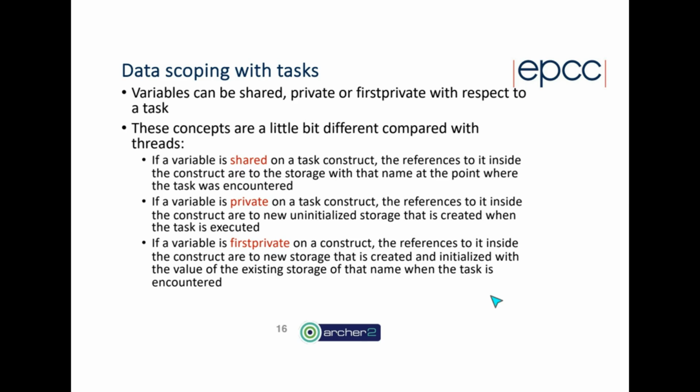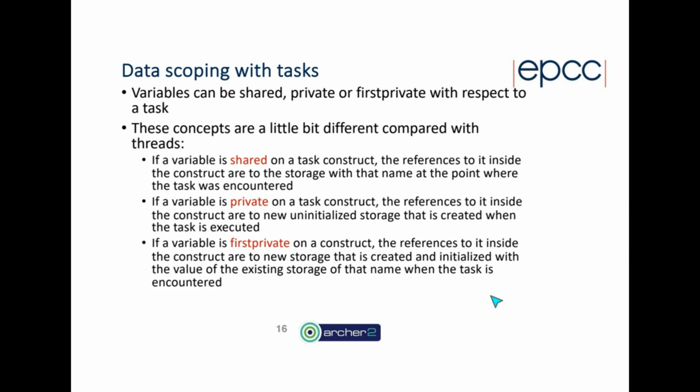But the way to think about it is like this. If a variable is shared on a task construct, then the references to it inside the construct are to whatever storage there was with that name at the point where the task was encountered. So if it's shared, it means just use the existing storage and don't make any new copies.